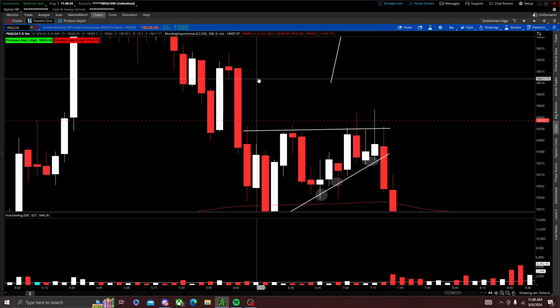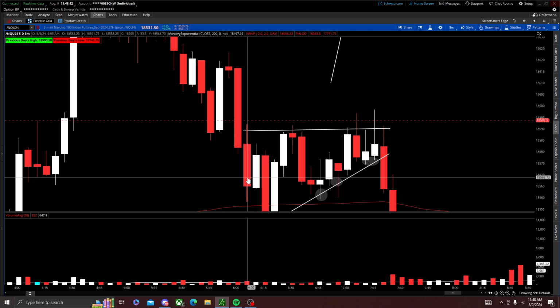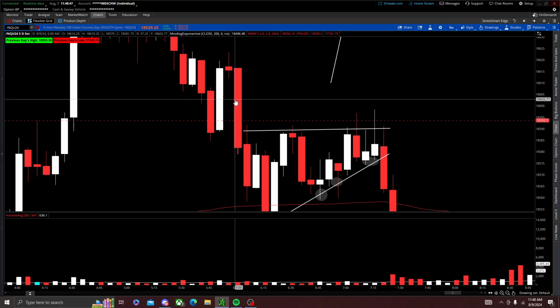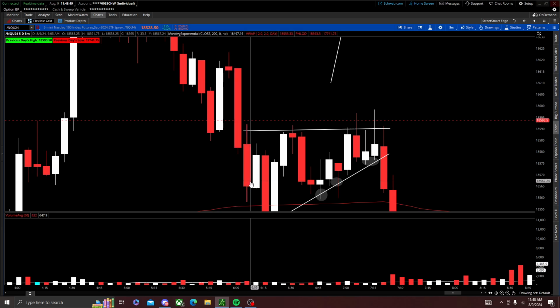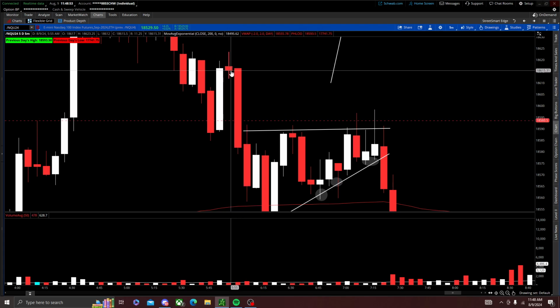Okay. So when we draw the flagpole, we always want to make sure we connect it from body to body, right? Why is that? Well, Ton said this previously: the wicks cause the damage and the bodies tell the story. If we draw it from body to body, we know for a fact that this is the actual move that was captured during this downtrend right here.